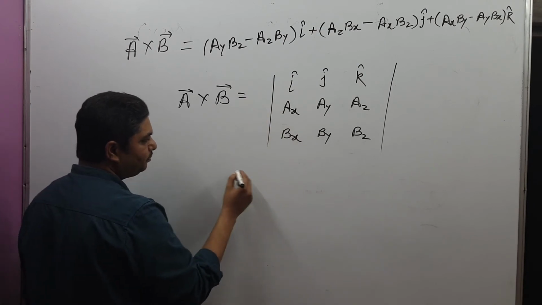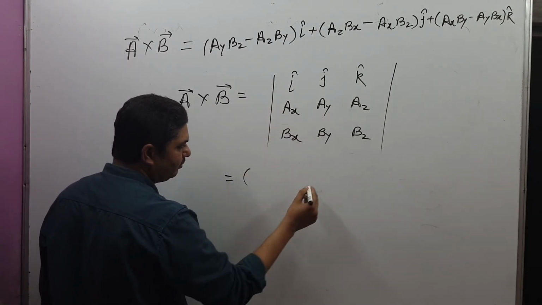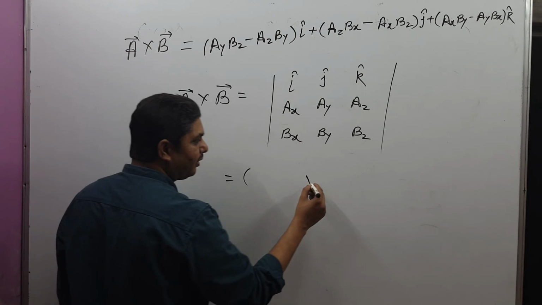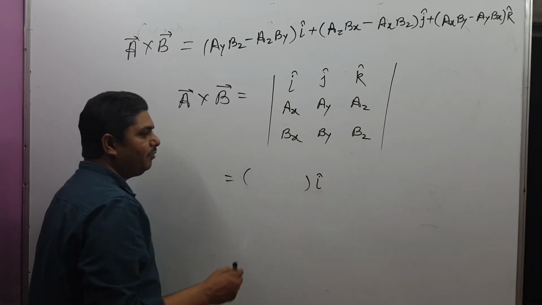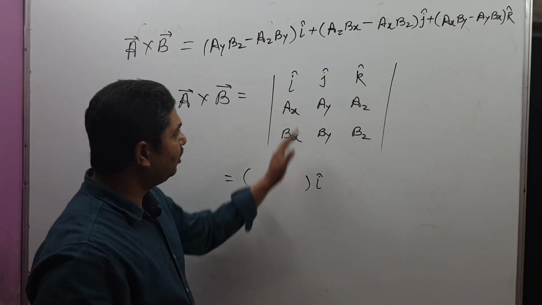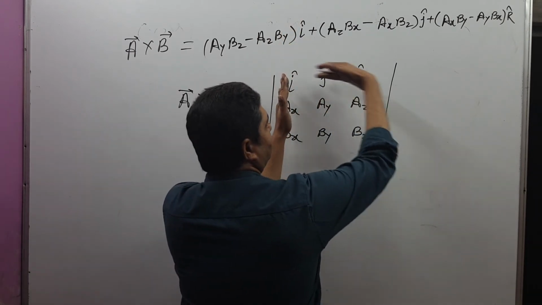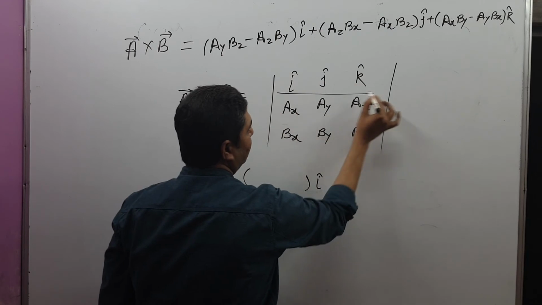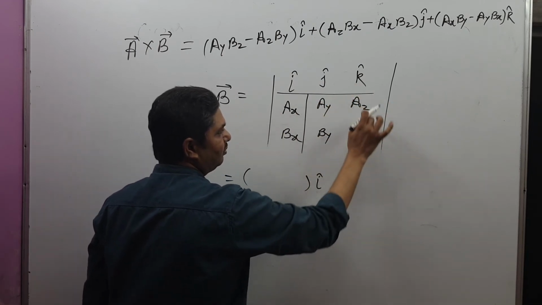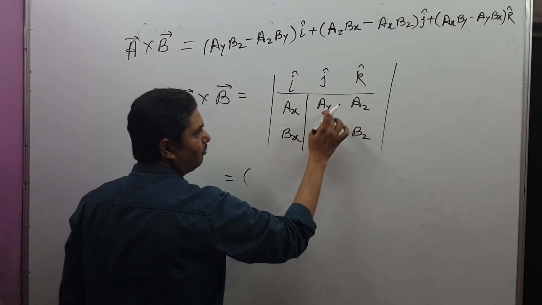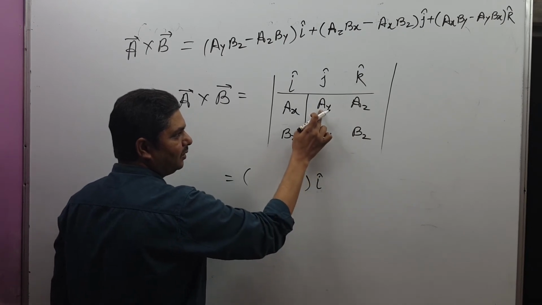First of all, give a bracket here and write here I cap. If you are using I cap, then hide this row and this column. This means that we are hiding these lines, and we only have to use these four terms. Multiply this term with this term.